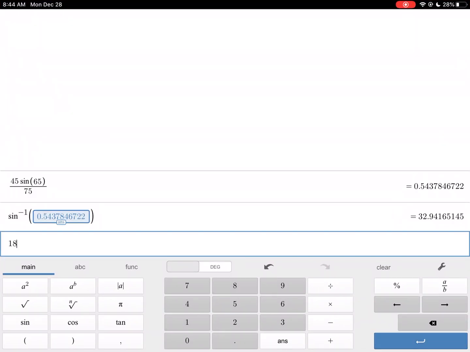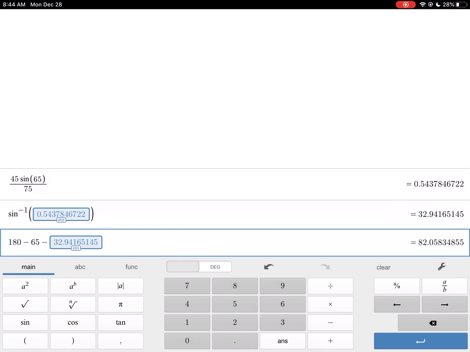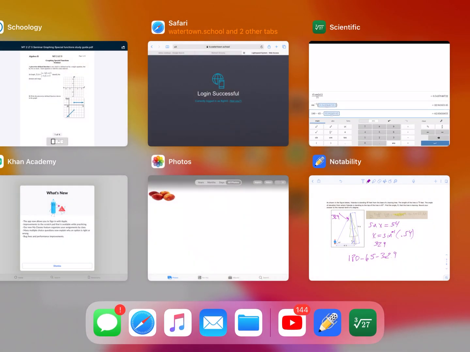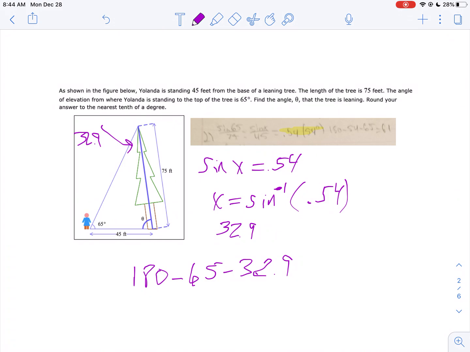So we take 180 minus 65 minus 32.9, and the correct answer is 82.1 degrees, rounded to the nearest tenth of a degree. So that one you mostly knew, you just forgot you're finding the sine of x. The decimal is not an angle. You have to take the inverse sine of that.